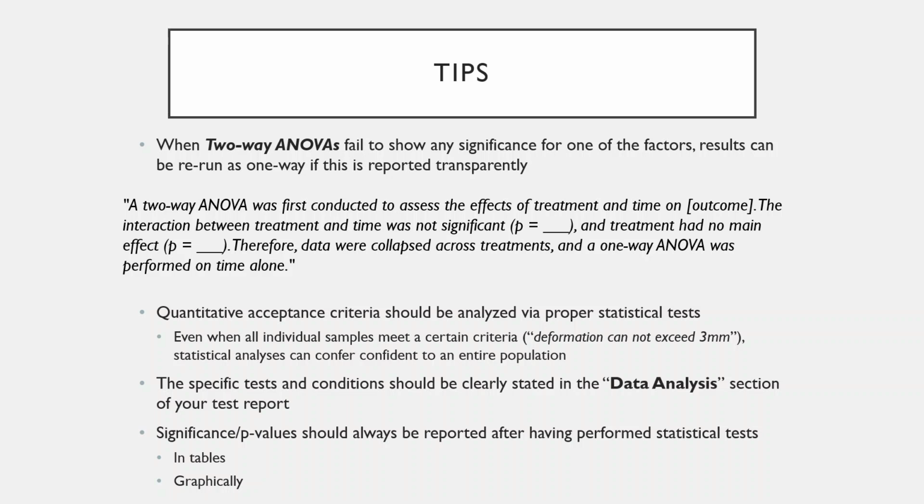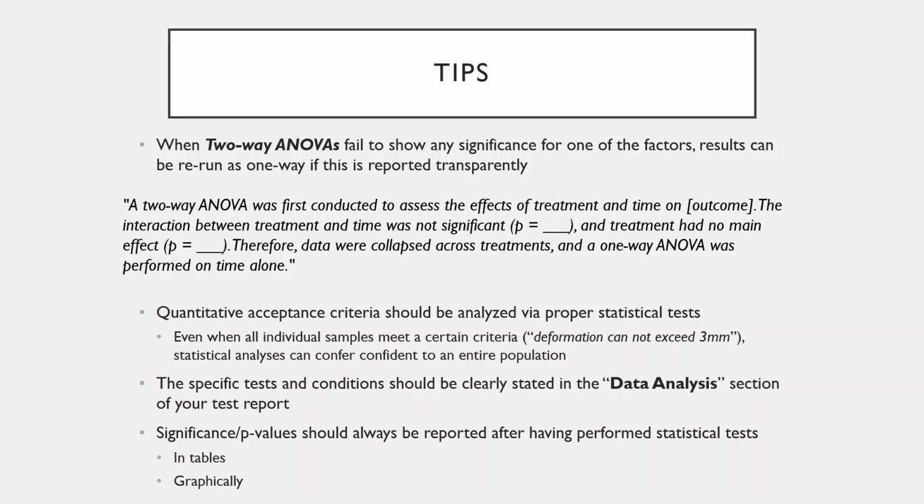That way, you have your acceptance criteria stated in broad terms or to unique specifications. And then your data analysis explains, hey, for the deformation test, we did a one sample t-test to understand if deformation exceeded 3 millimeters. We did a two-way ANOVA with a Dunn's post hoc test to understand XYZ, and so on.